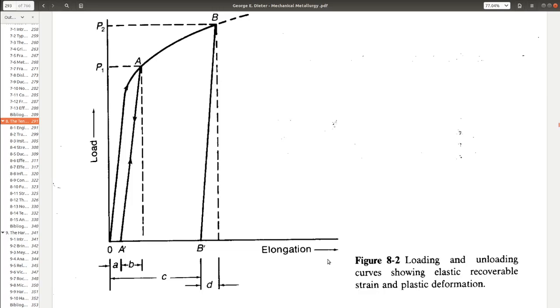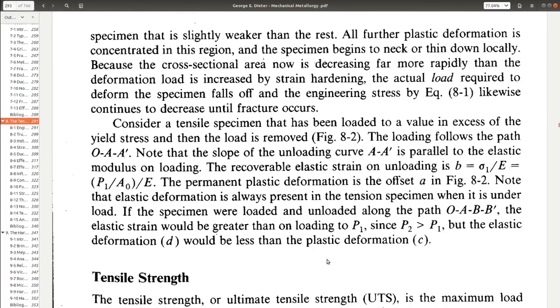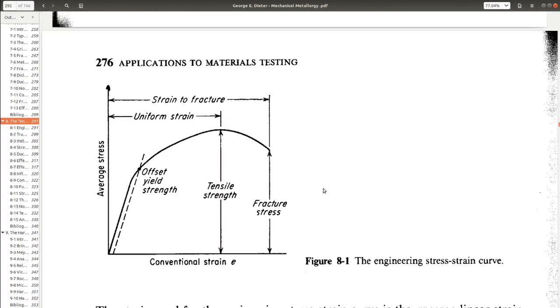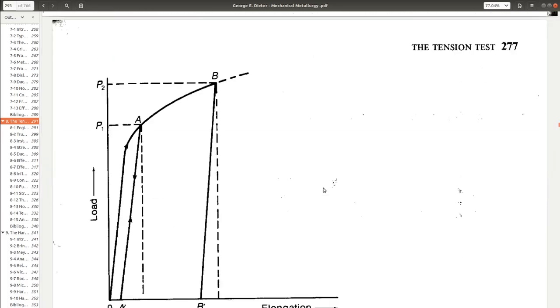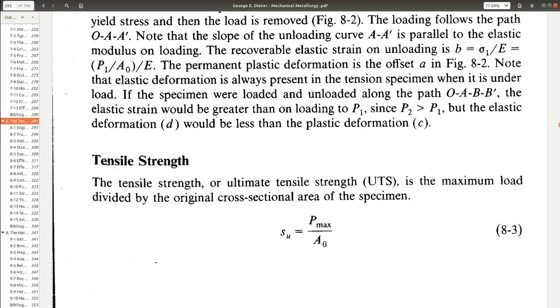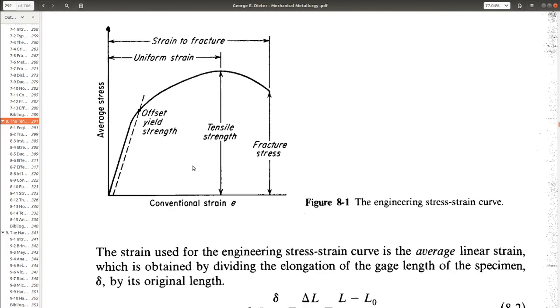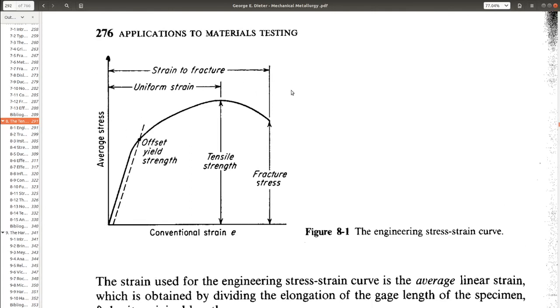Okay, fine. So with this curve, what are the things we could measure? So one thing is the tensile strength. So what is this tensile strength? Once again we will go to this picture. So in this picture we refer the stress at this point.